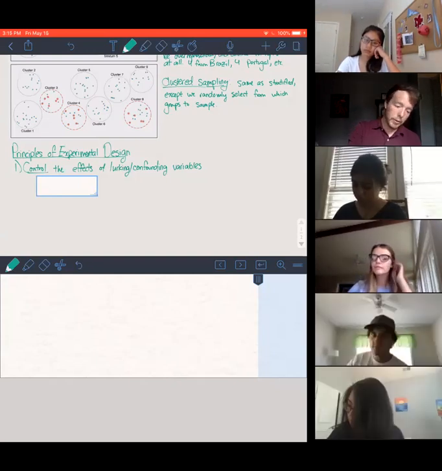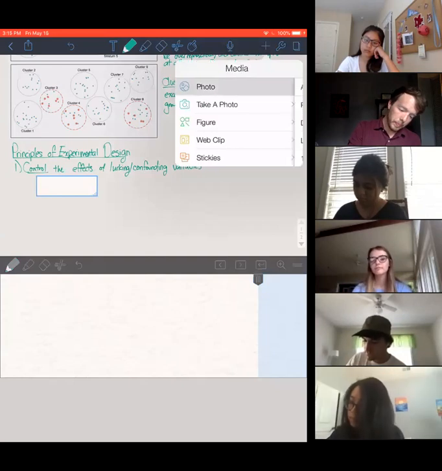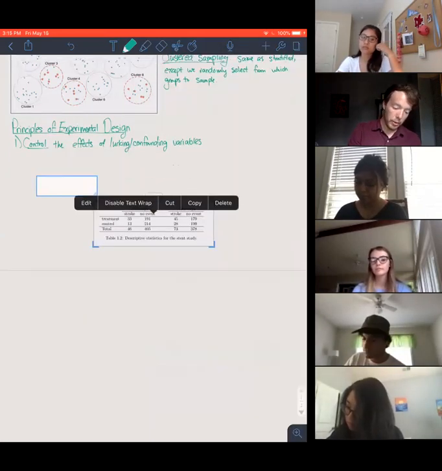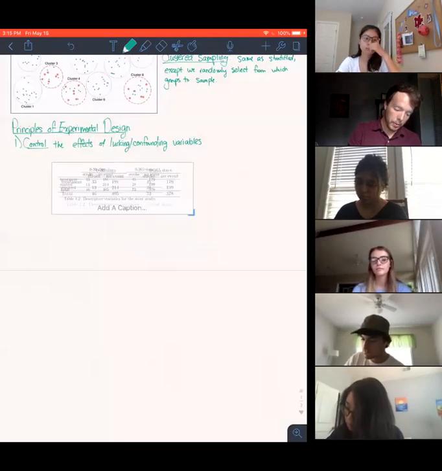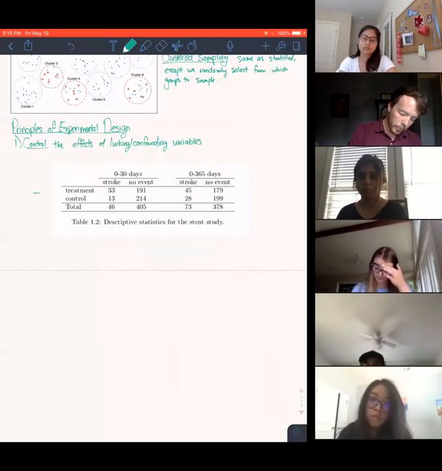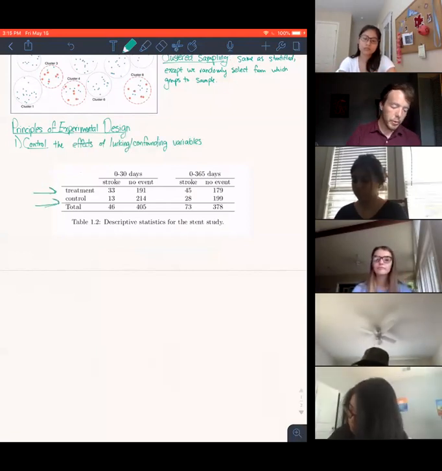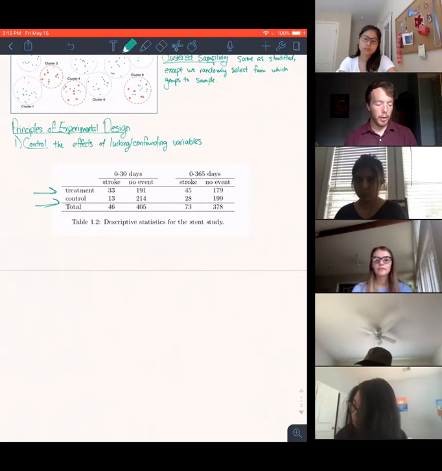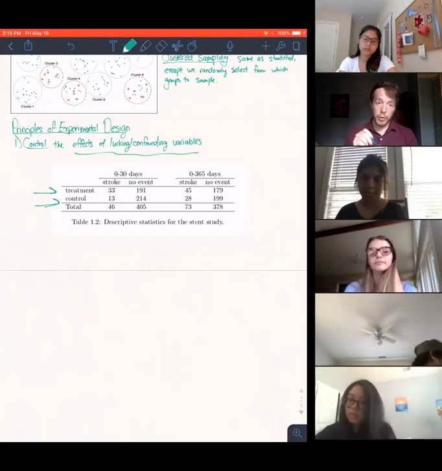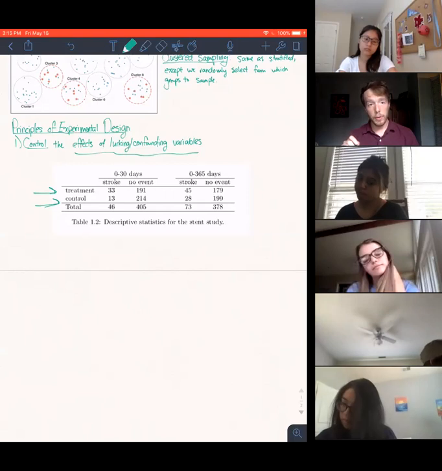So in the case of our stents example, which is sort of the example we've been coming back to over and over again with experimental studies, we have these two groups. We have a treatment and a control group. And these two groups are specifically for controlling these effects. Because we would say if there's any confounding variable affecting the treatment, then it should also be affecting the control.